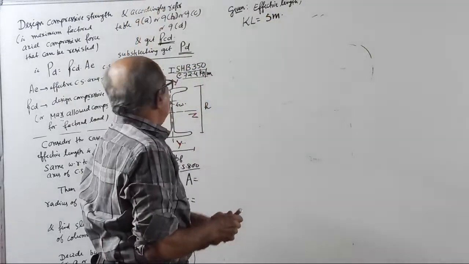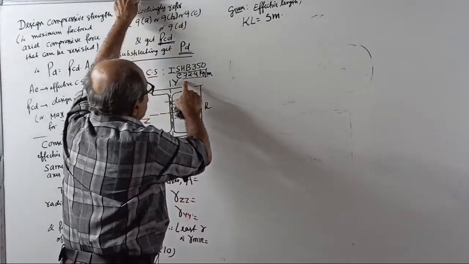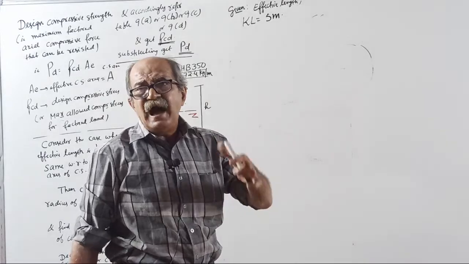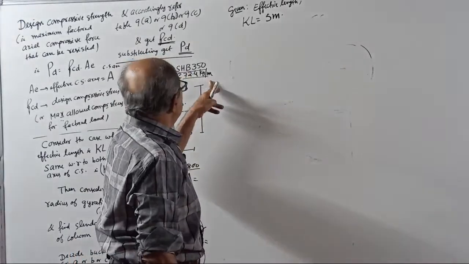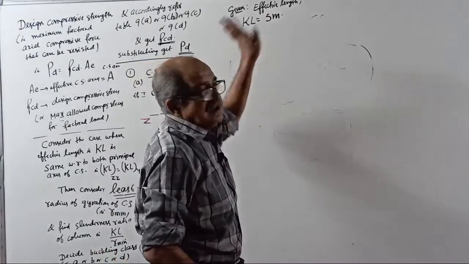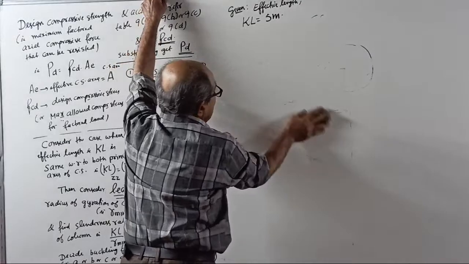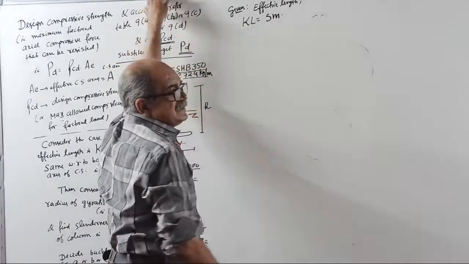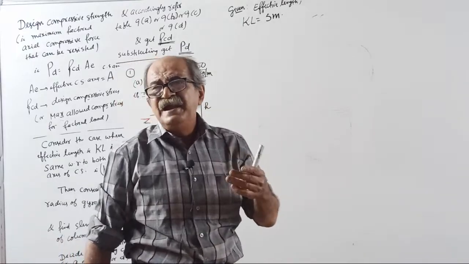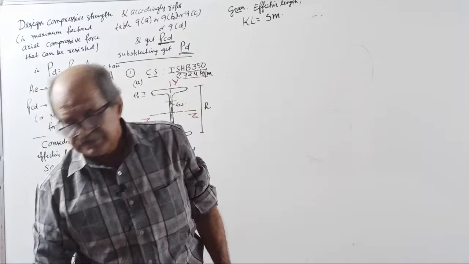Now, find the maximum axial load the column can support, the factored value, or in simple language, find the design compressive strength of the column. Over. Start.